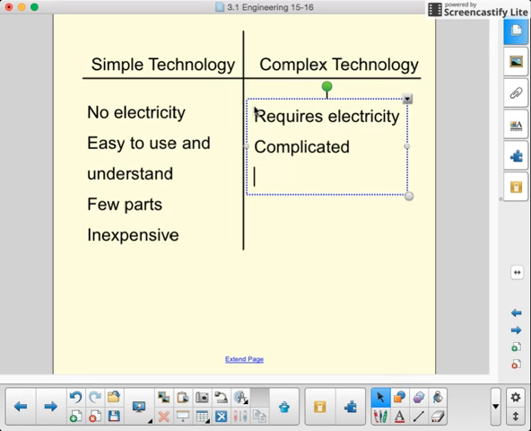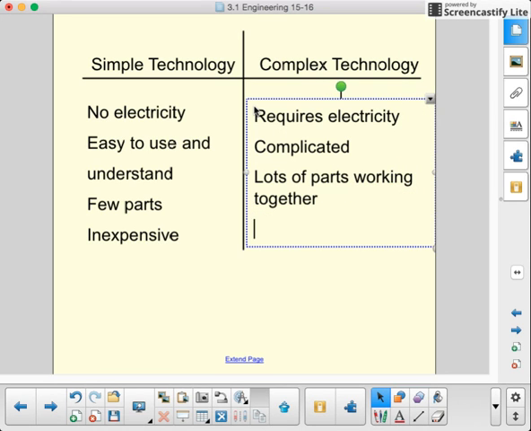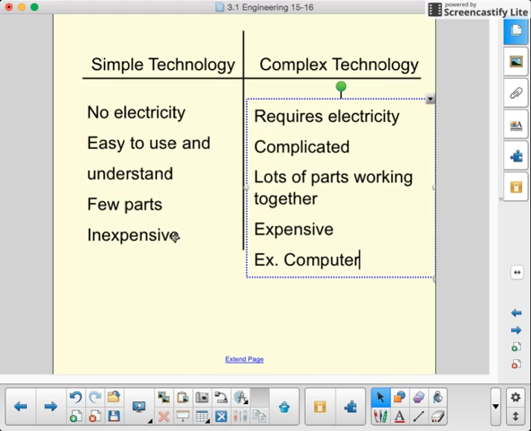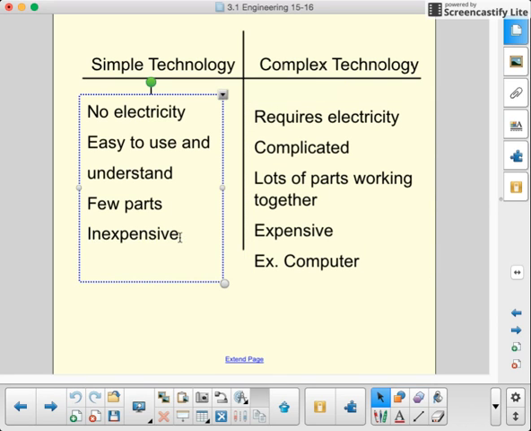It has a lot of parts that work together. And it's more expensive than simple technology. And you can probably think of some other characteristics. Examples would be a computer for complex technology. And simple technology would be something like a book of matches or a zipper.